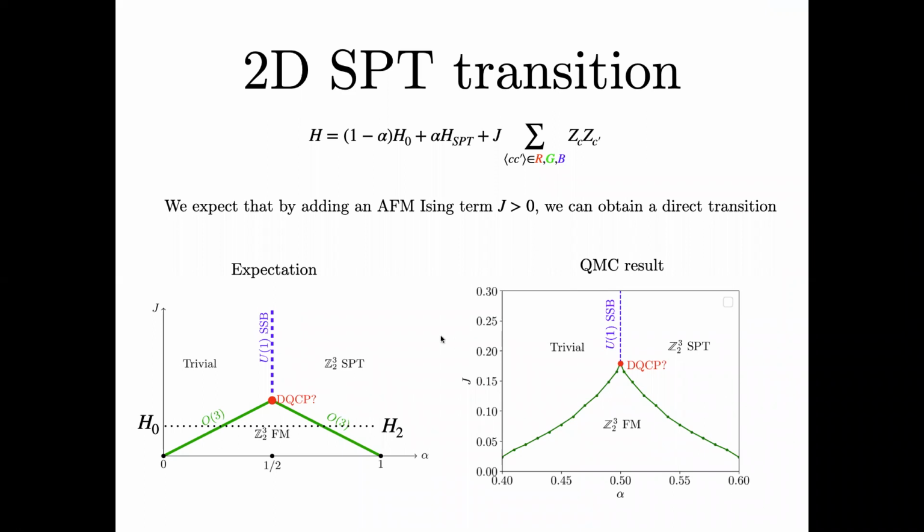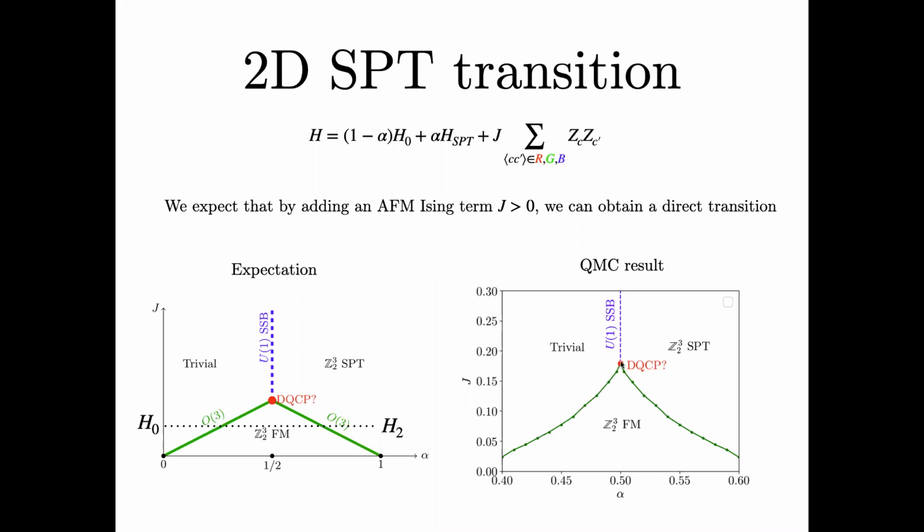Okay. And I guess the other thing I wanted to mention was that at the midpoint between trivial and SPT, there is an exact U1 symmetry that is not there anywhere else. You might have heard it from my March meeting practice talk, but there is a certain U1 symmetry here.